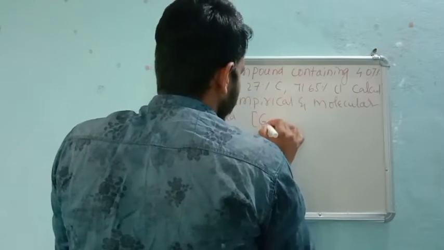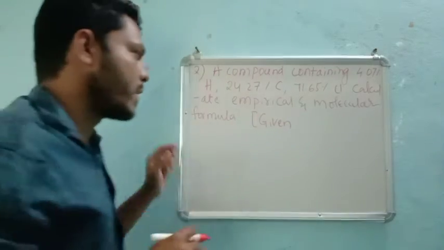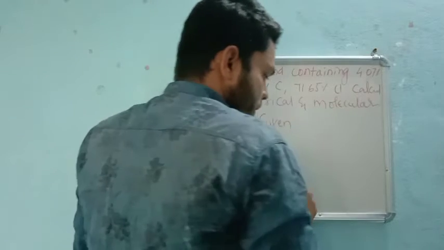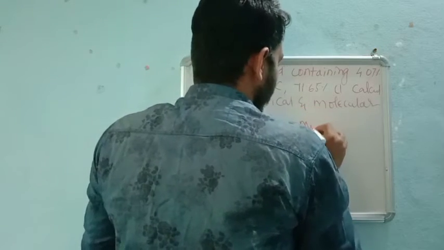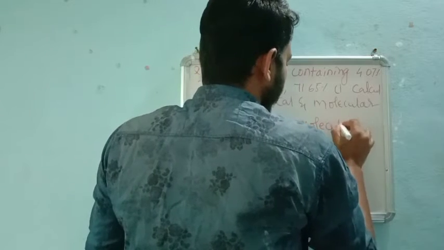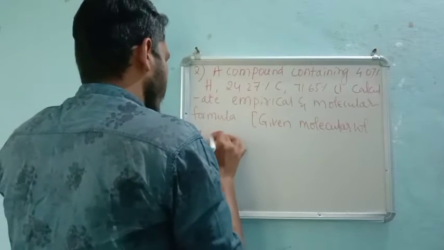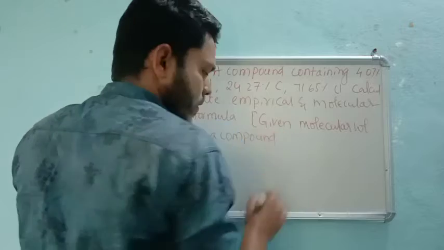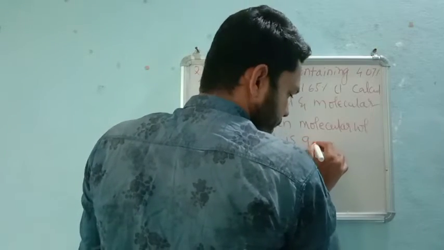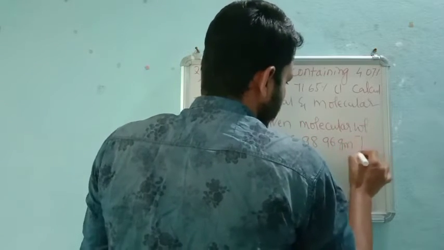We need to calculate both the empirical as well as the molecular formula, given the molecular weight of the compound. Directly they have given the molecular weight of the compound, which is 98.96 gram. So this is our given.